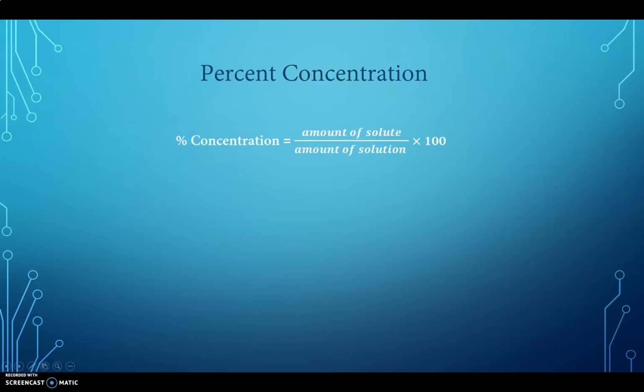And if you recall, percent is basically just the part over the whole times 100. So in a percent concentration, the part is the amount of solute that we have, and the whole is the amount of solution. Now we can measure the amount of these two things in different units and give us different types of percent concentrations. For example, we can do a weight volume percent.